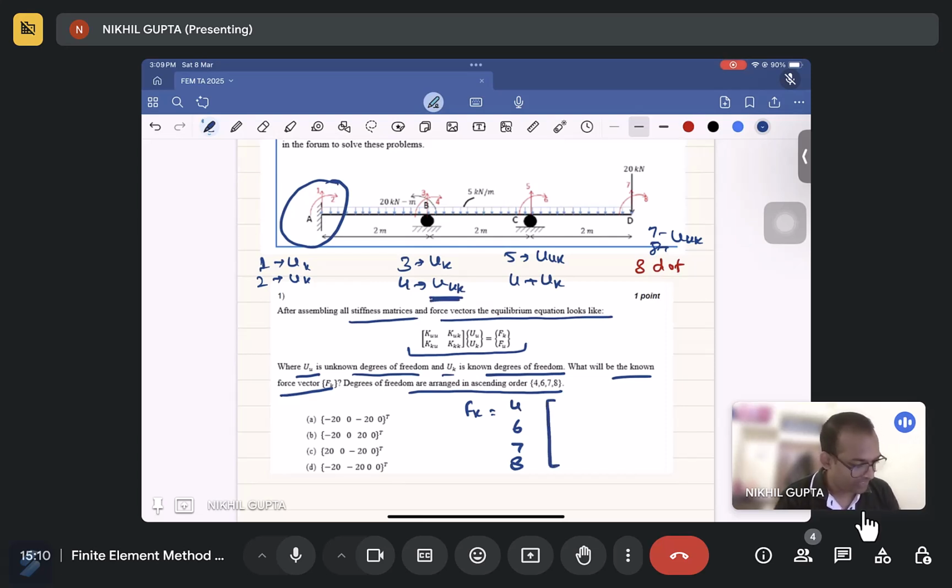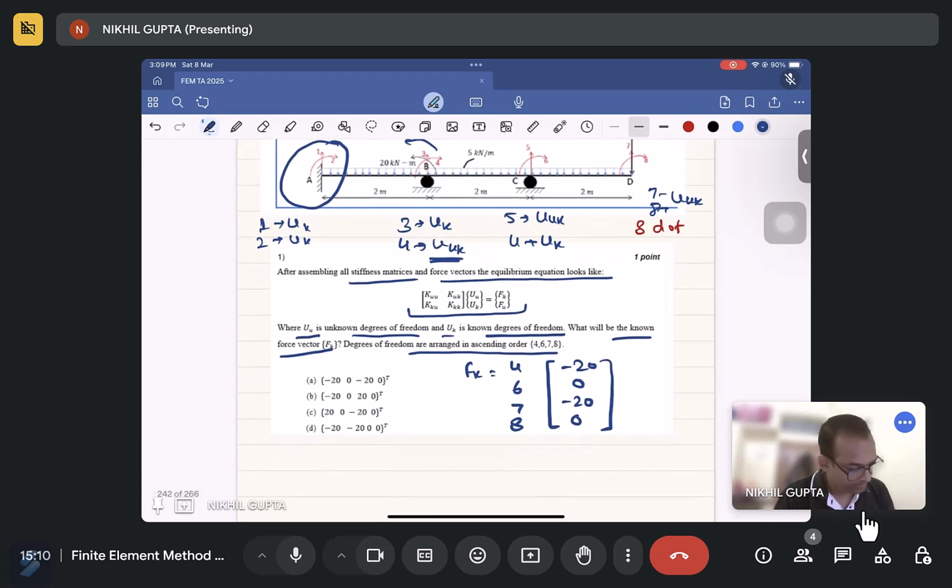At 4, minus 20 is acting in this direction, so it will give you minus 20. At 6, no external force is there, so directly you can write 0. In 7, minus 20 is there, and in 8 again 0. So the answer will be option A.